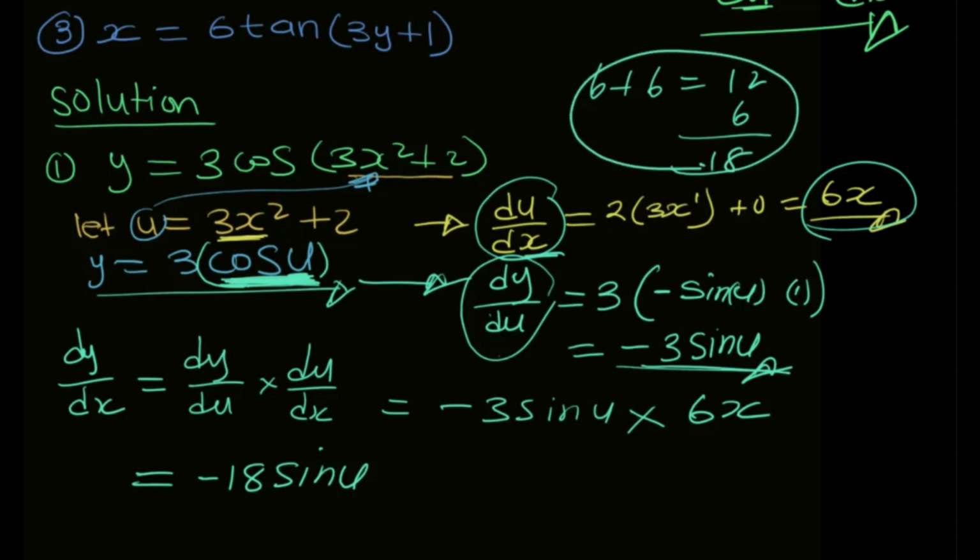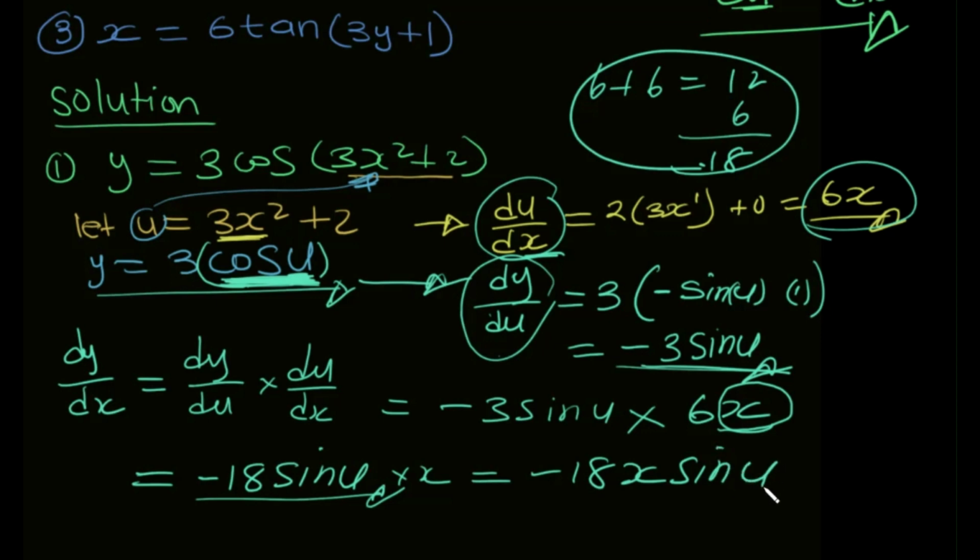And we had an x right there, so we can write this as minus 18x sine u.